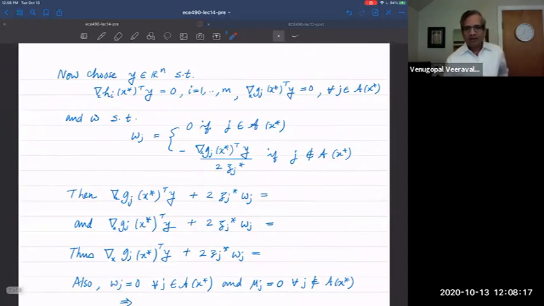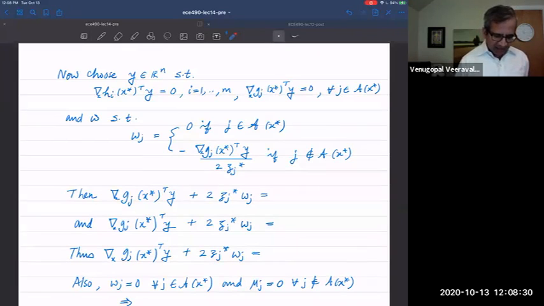Now, what we're going to say is, let's assume that y is such that these inner products are all equal to 0. So the inner product of hi with y is 0, and gj with y is 0 for j belonging to the active set. So let's choose our y that way, assuming that we can find such a y.